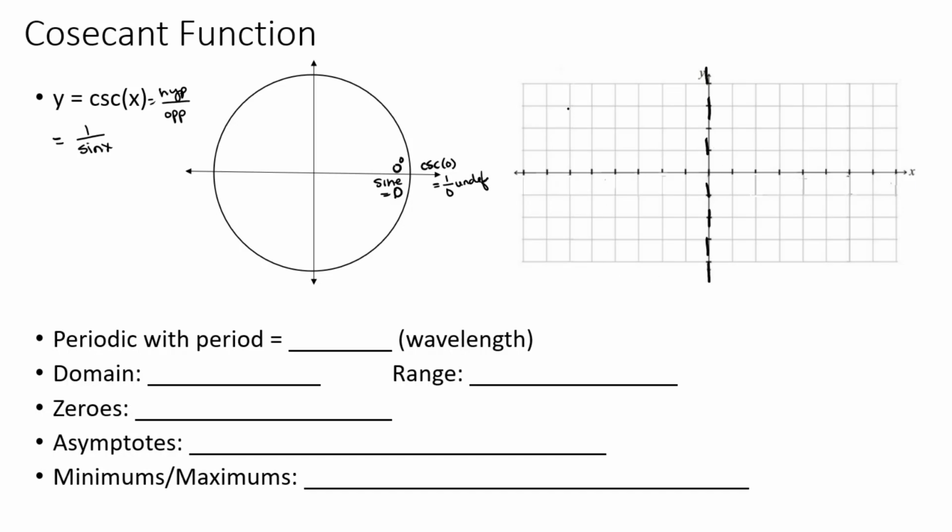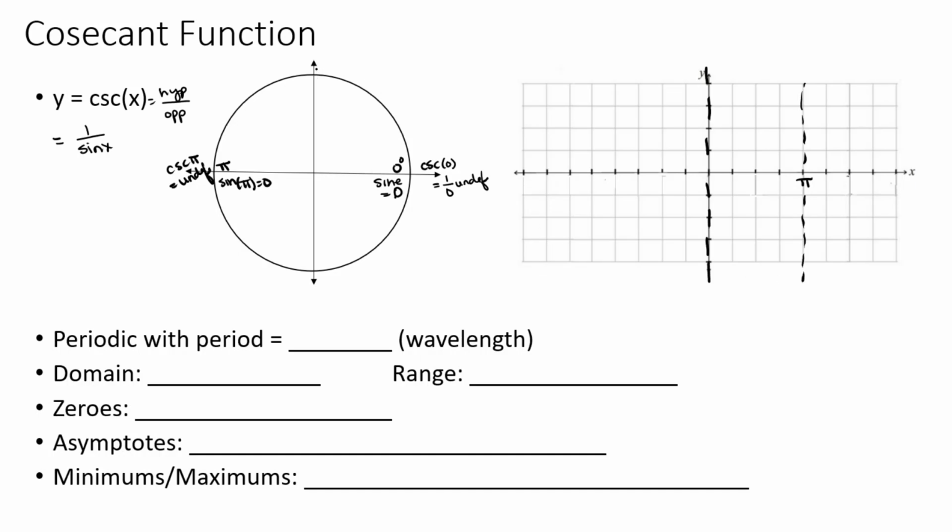Over here at pi, or 180 degrees, the sine is also equal to 0, so cosecant of pi is also undefined. So I'll mark pi and put another asymptote.